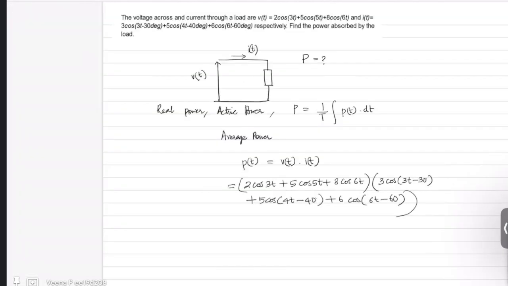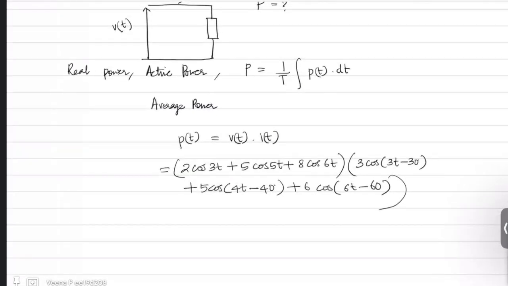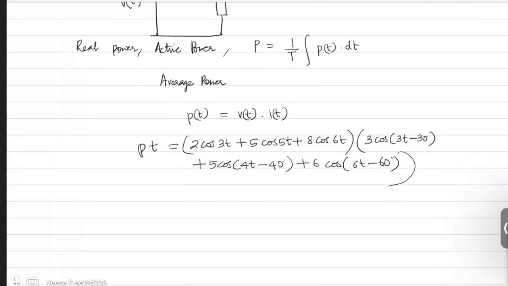So this is your current. So the product of both is the instantaneous power. Now the average of this instantaneous power is your real power.